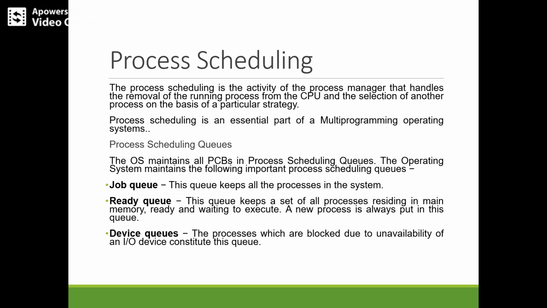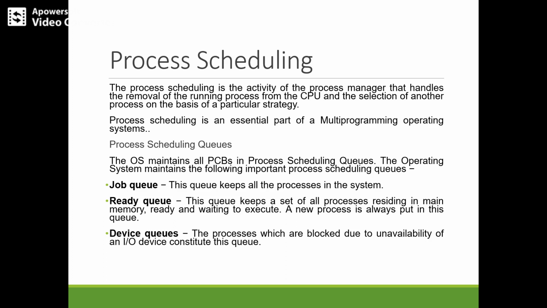One is the job queue, which holds all the processes in the system. Next is the ready queue. This queue keeps the set of processes which are ready to take the CPU, residing in main memory, and ready and waiting to execute. This will always be put at the head of the queue.